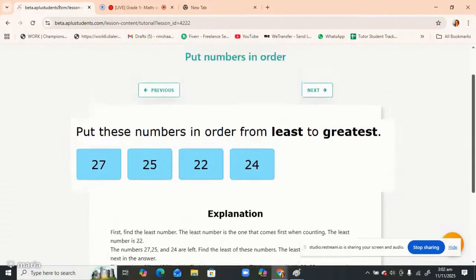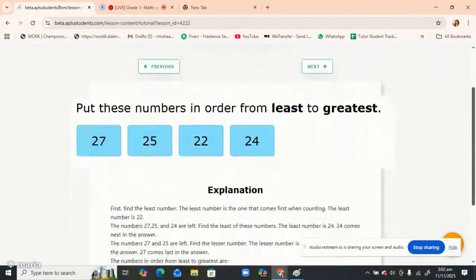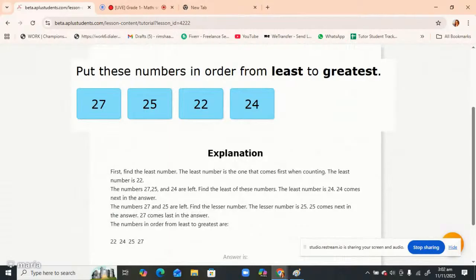Here we are just going to discuss numbers in order. Sometimes we discuss them from least to greatest, and sometimes from greatest to least.